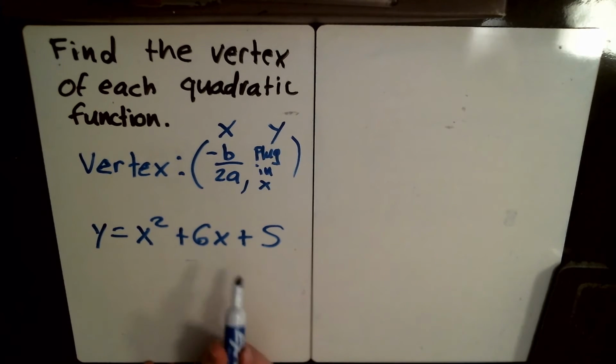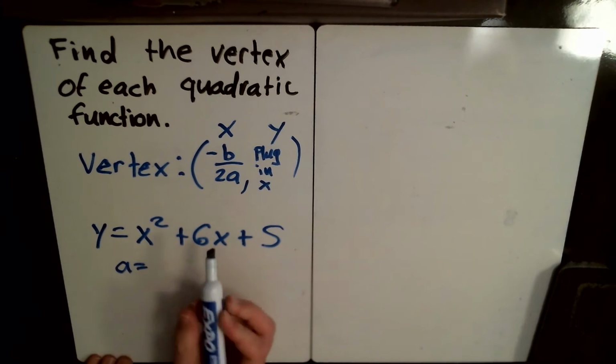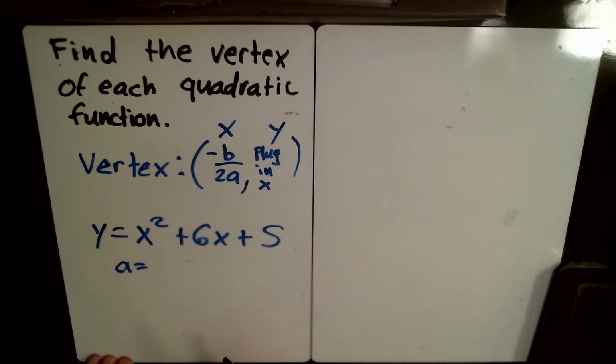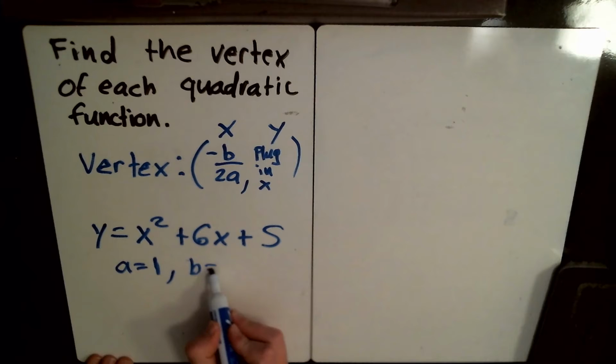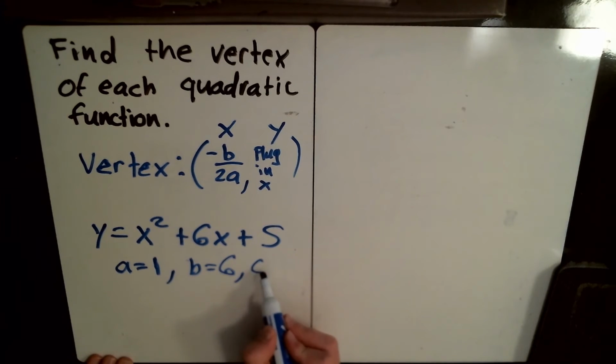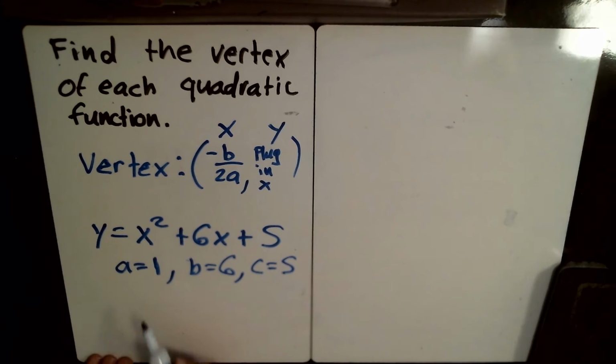So for instance, I'm going to show you on this one how we would get our vertex. What's a for this quadratic that we have? There's a 1 in front of the x squared, so we're just going to put a 1. b is 6, and c is 5. Really, all I need is a and b to figure this out.